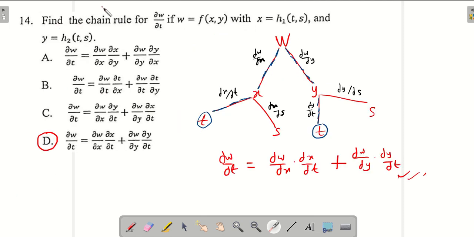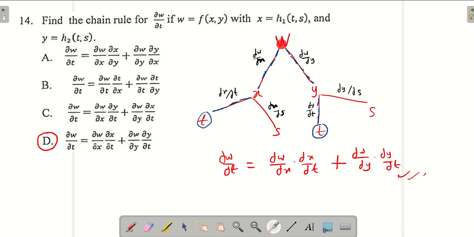14. Find the chain rule for dw/dt if w is the dependent variable, is equal to f of x, y. Here x and y are the intermediate variables, where x is also equal to f of t, s and y is also equal to f of t, s. The t and s are the independent variables. So we are using the tree diagram.